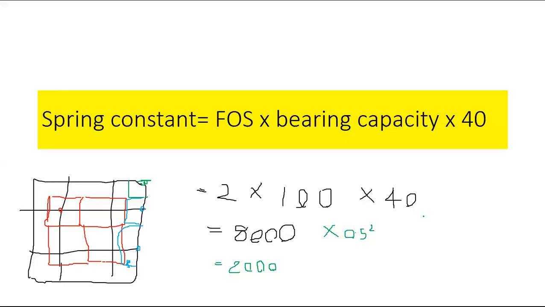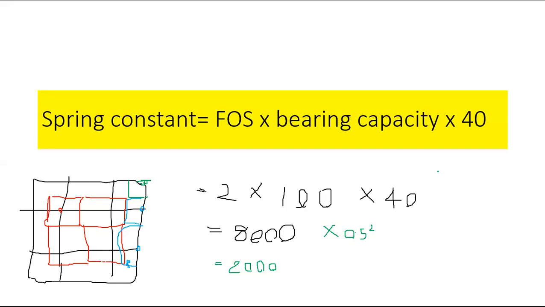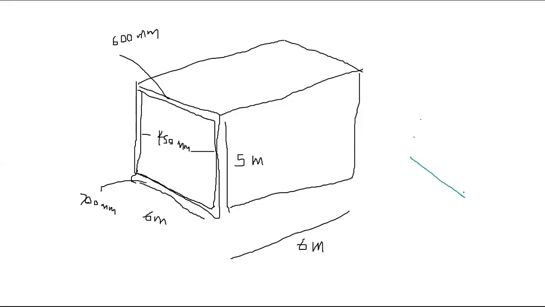If you have axis 1 and axis 2 for this shell element, the bending 1 is like this, and bending 2 is like this, right? So actually this is M22.